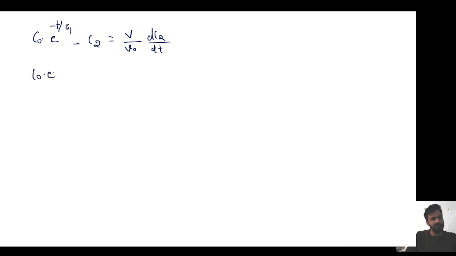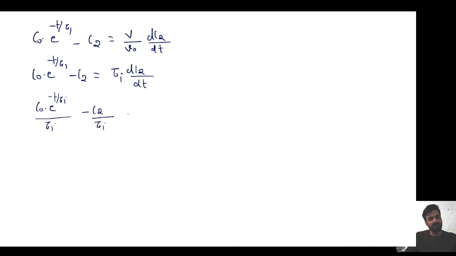Can I write again C naught e to the power minus t by tau I, minus C2, that is equals to tau I dC2 upon dt. Generally I am writing tau I. So can I write over here C naught e to the power minus t by tau I upon tau I, minus C2 by tau I, that is equals to dC2 upon dt.